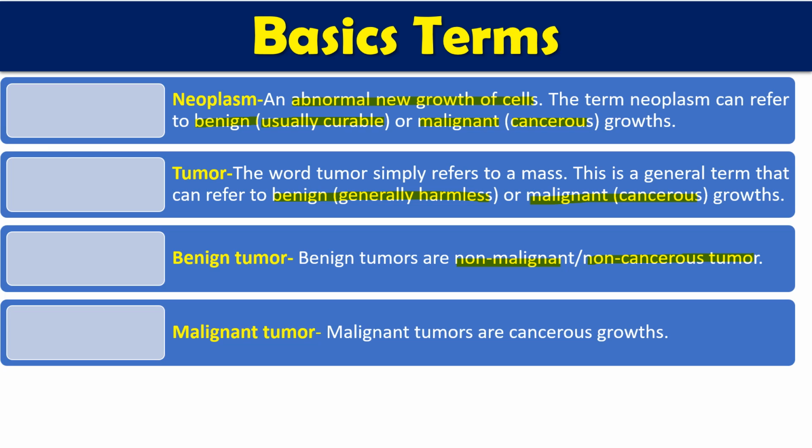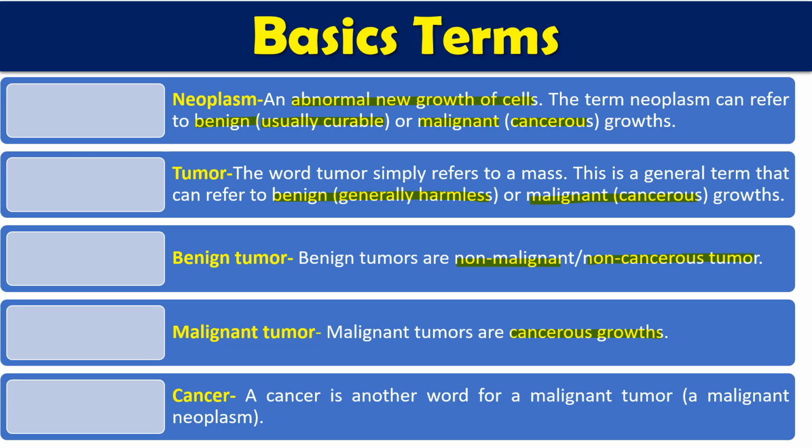Whereas malignant tumors are cancerous, they detach from one location, and are normally non-treatable. Malignant tumors normally do not respond to any kind of treatment. So once a tumor becomes malignant, it is very difficult to treat and manage it.